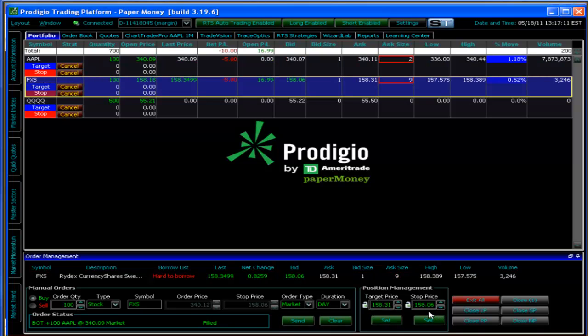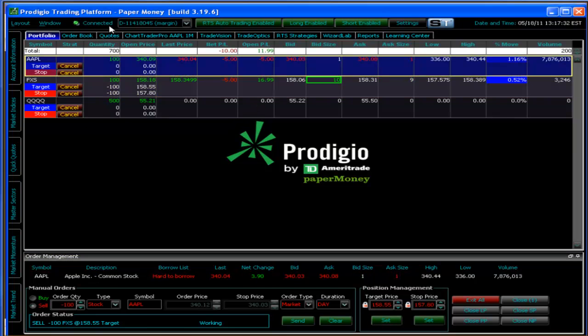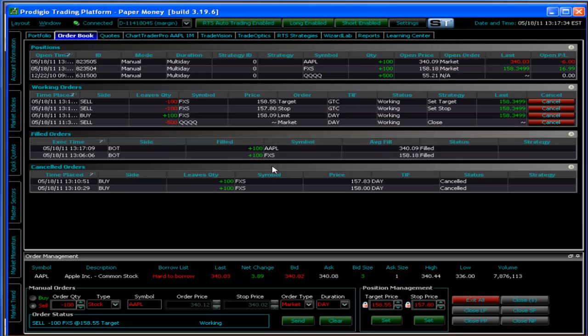And over here you'll notice we've got this target price and stop price. Now the stop price is really easy to understand. That's like your protective stop, right? And I can set it by just placing that order just like that. And I can actually specify a target price by putting it up there like this. Okay, and so those orders are out there working.